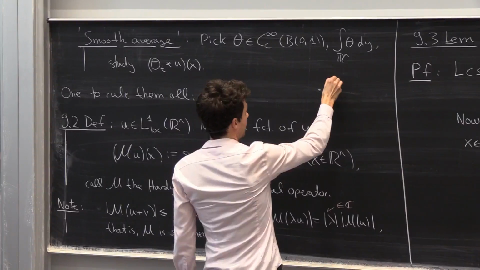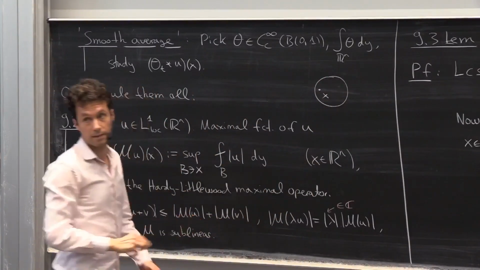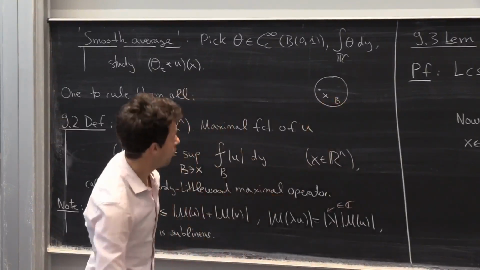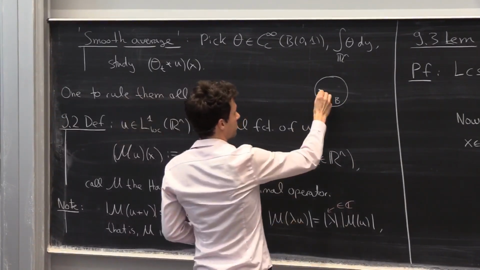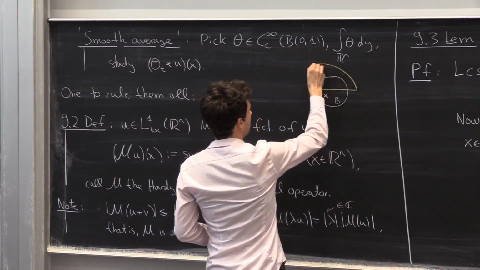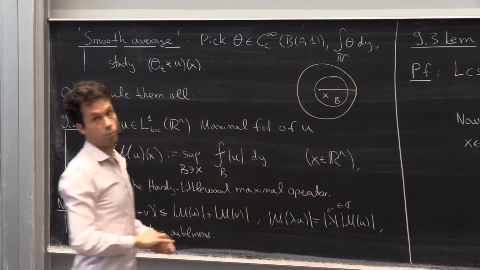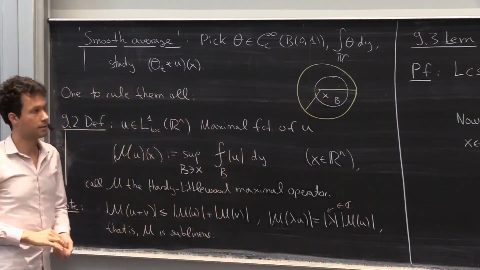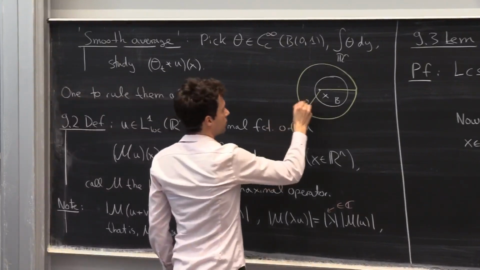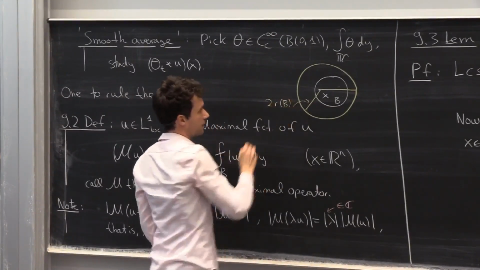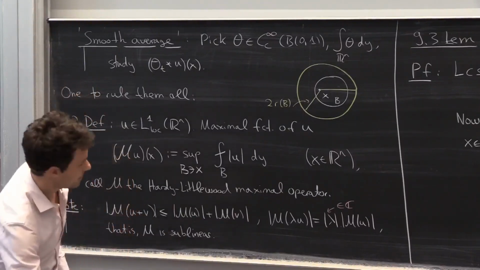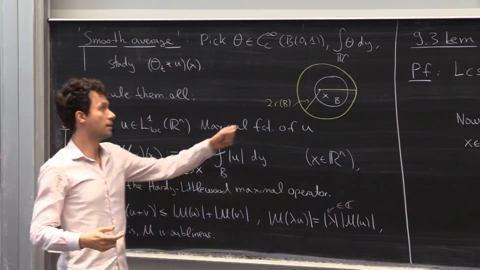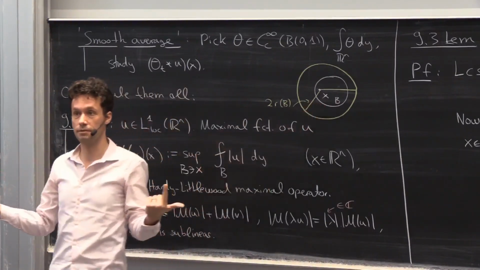So x is sitting here, and I have any ball B that contains x, then I can take a ball of double the radius of B, and this ball will be centered at x, and it will contain B. Okay, so this radius is twice the radius of B. So uncentered balls are more general than centered balls at x, but every uncentered ball is contained in a centered ball at x of twice the radius.